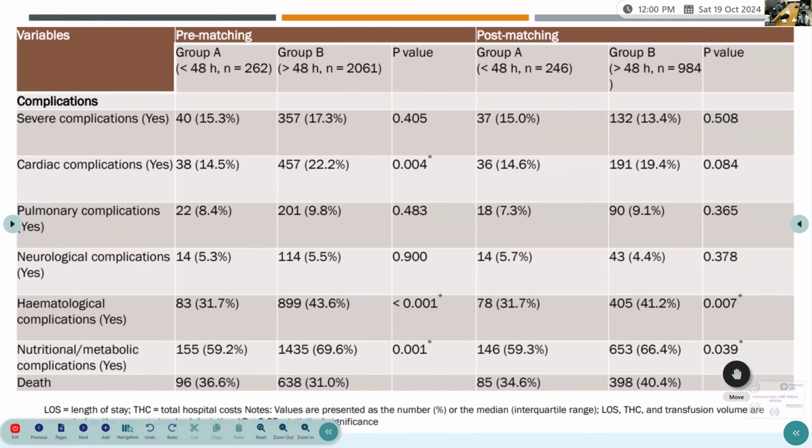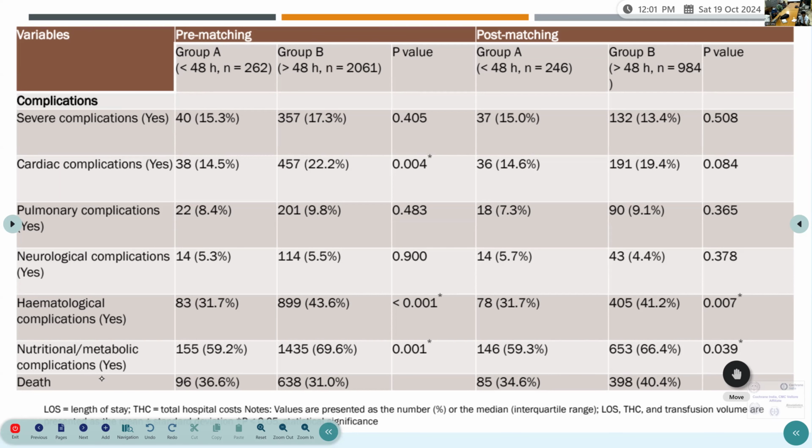Now at the bottom, this is the row where they have mentioned deaths before matching and deaths after matching. These numbers are a little different and do not add up to the 30-day, 90-day, 4-year mortality that they have given. So I'm not sure how they came to these numbers. It does not add up with the previous table.